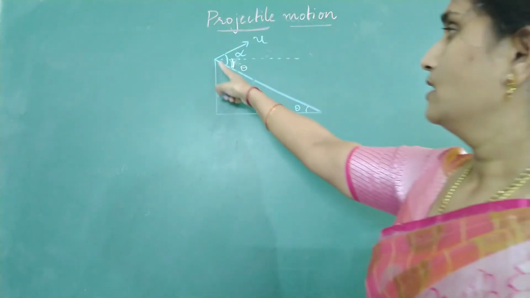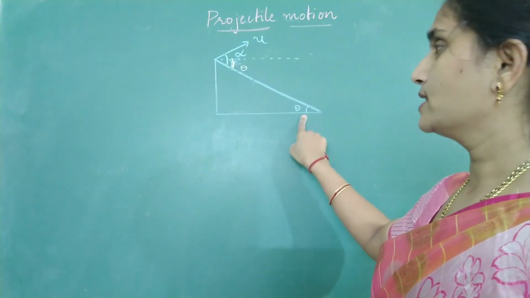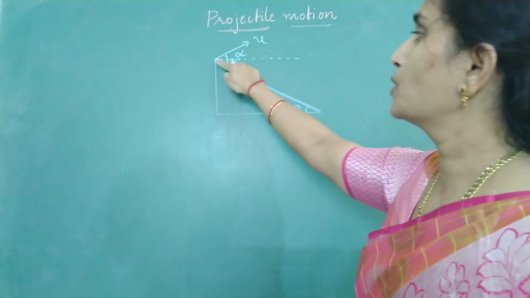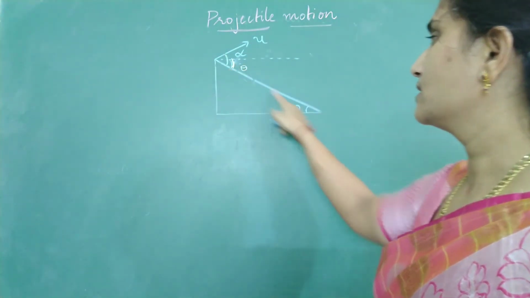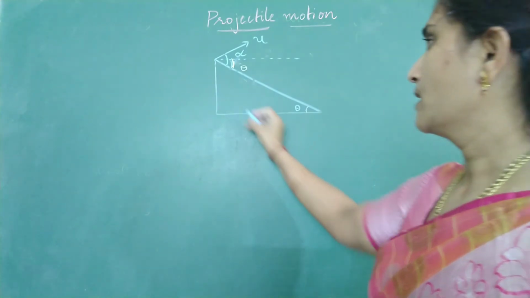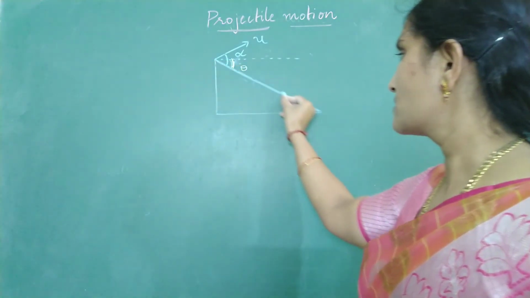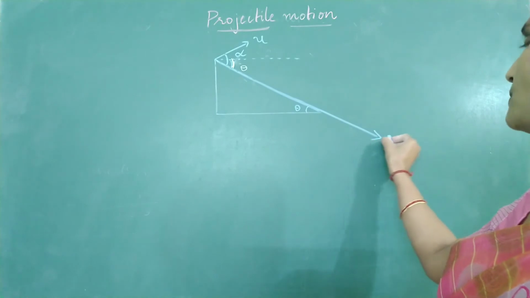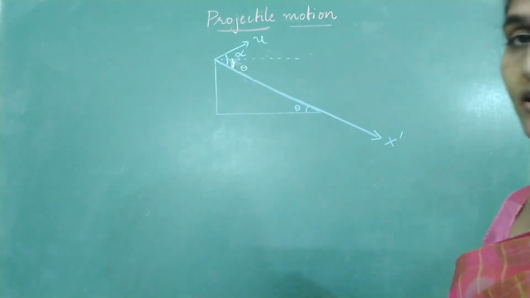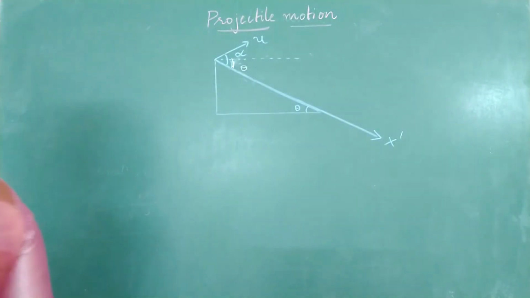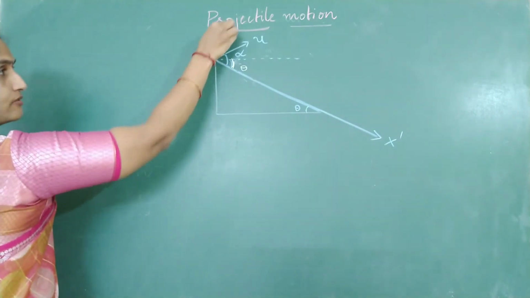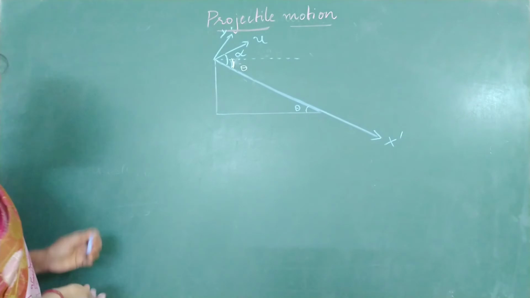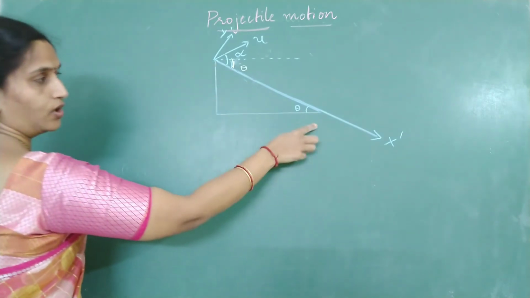I repeat, on an inclined plane whose inclination is theta, we are projecting a body with a speed u, making an angle alpha with the inclined plane. Now again project your new axis. I'll consider this as my x dash axis, and perpendicular to this will be your y dash axis. Split u into components along x dash.